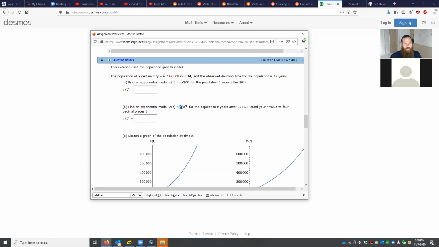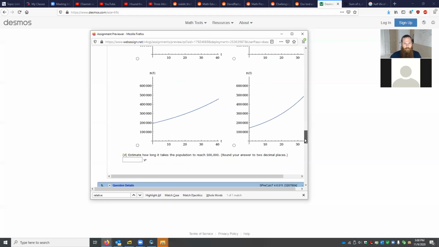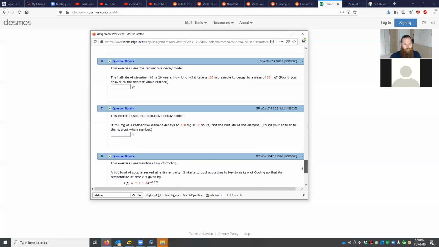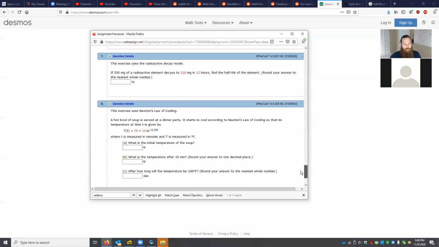N0 here is just a constant. I've been using C in place of the constant N0. How could you take something like this and rewrite it as something like this? That's an interesting thing to try and sort out. I'd like to try one problem along those lines. Everything else here is very self-explanatory.